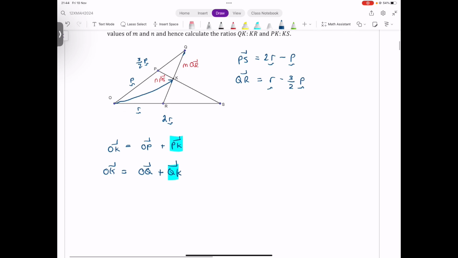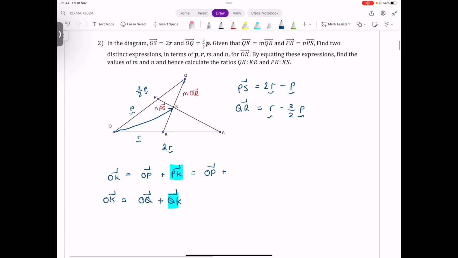So what we might do is manipulate some of these expressions here. We know that OP, we're going to leave that there, but we're told in the question that PK is equal to N times PS. We're also told in the question that QK is equal to M times QR.